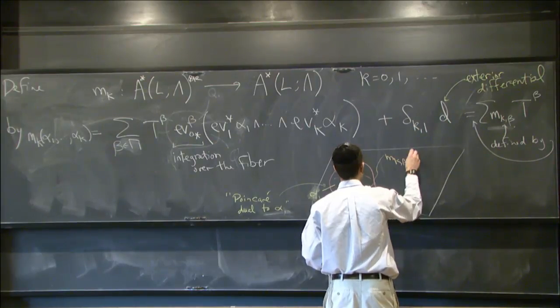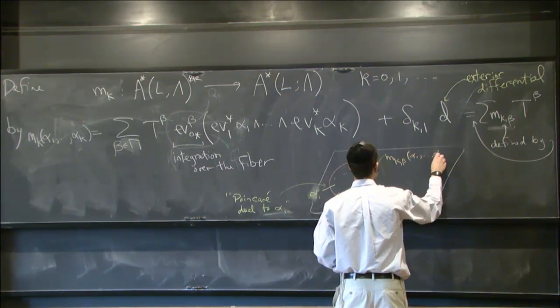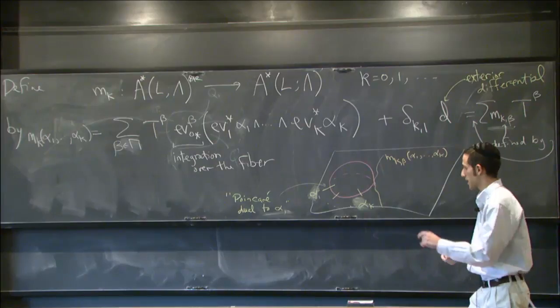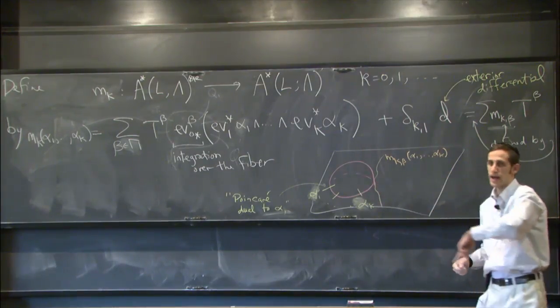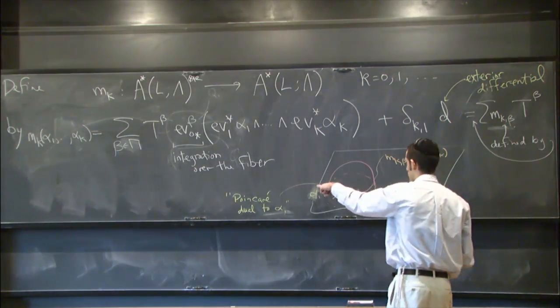So m k beta of alpha 1 up to alpha k is basically going to just be all points which could possibly lie on a disk which passes through alpha 1 up to alpha k.